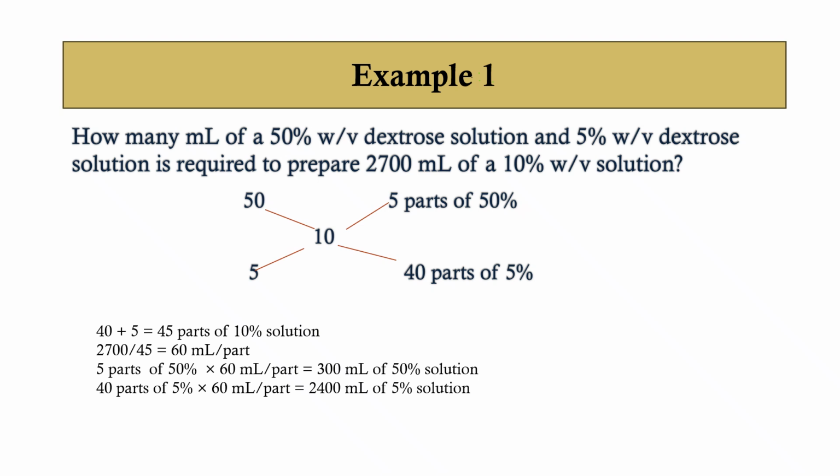We have 5 parts of the 50% solution, and we know it's 60 ml per part, so we can do 5 times 60, so that's 300 ml of the 50% solution. Same for the 5% solution: it's 40 parts of the 5% times 60 ml per part, so that's 2,400 ml of the 5% solution. And as you can see, when you add 300 and 2,400, the total is 2,700 ml.